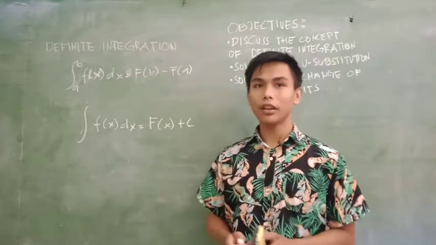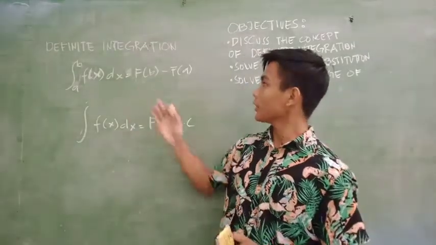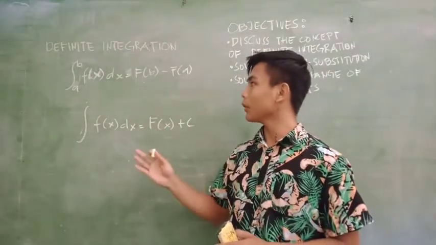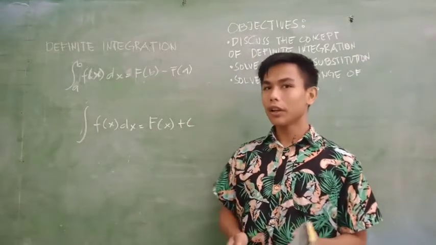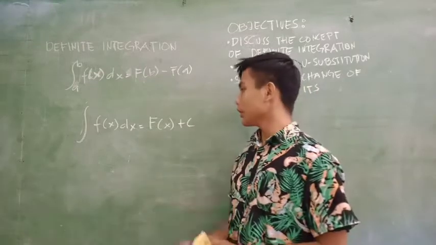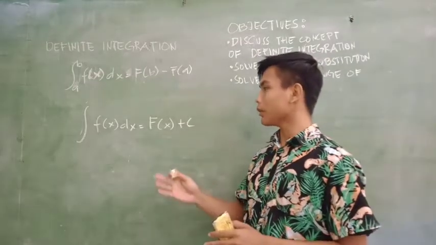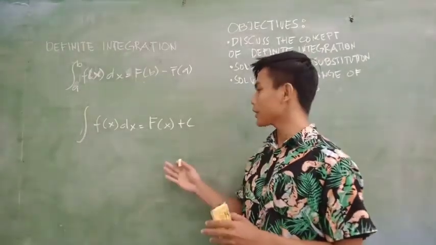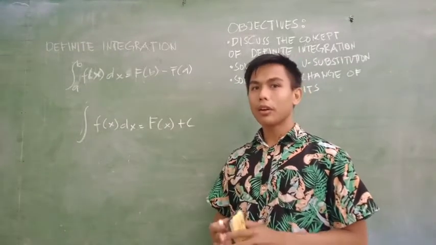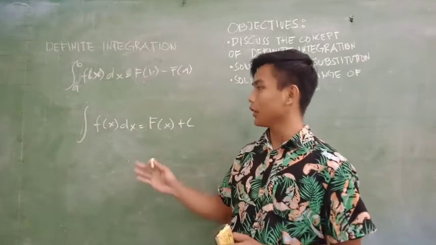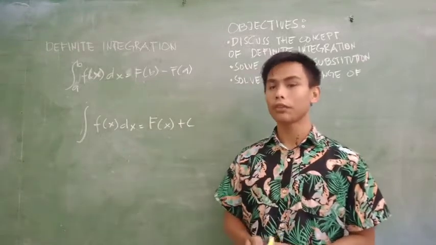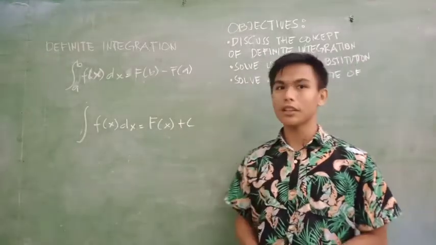And in definite integration, the outcome or the final value is a number, it is specific, while in indefinite integration, the final value in terms of x is equal to F of x plus c, where big letter F is the antiderivative of small letter f. And notice that the constant c is still present.